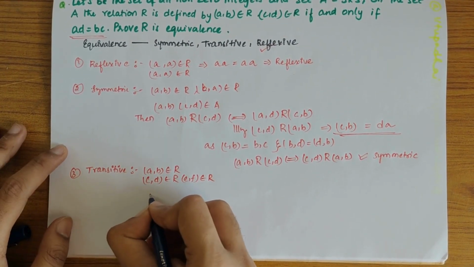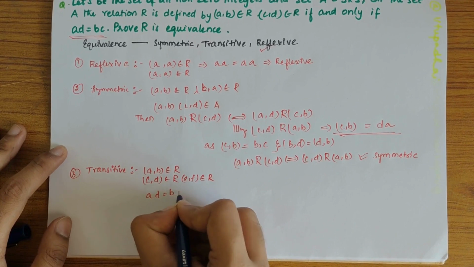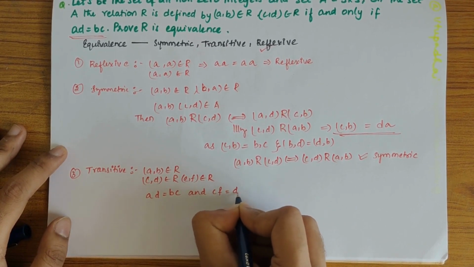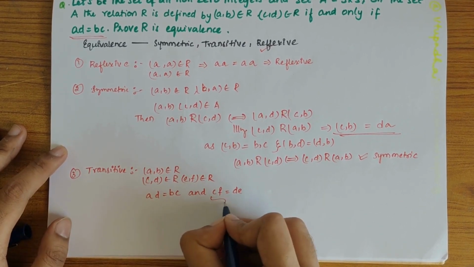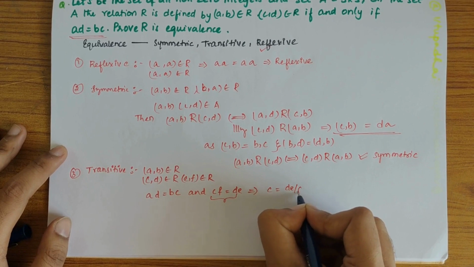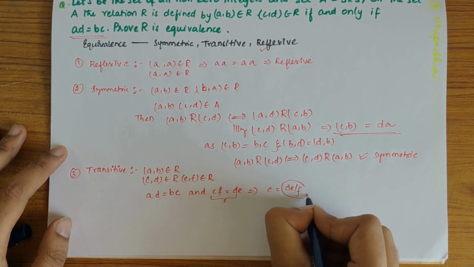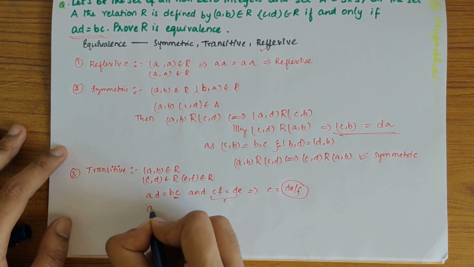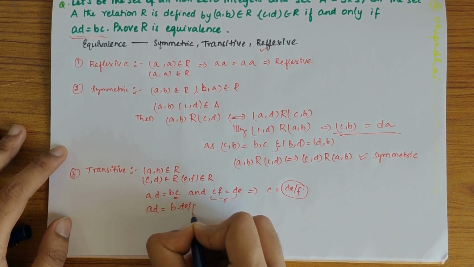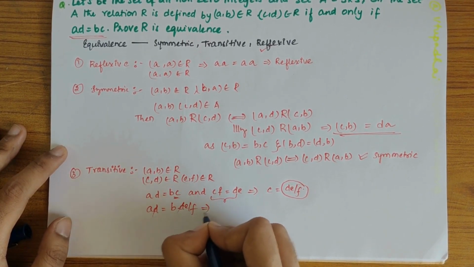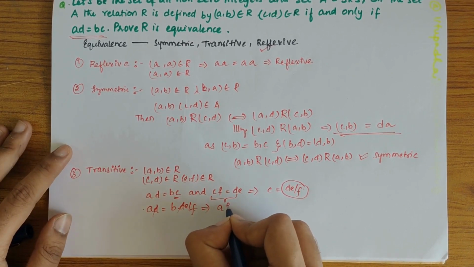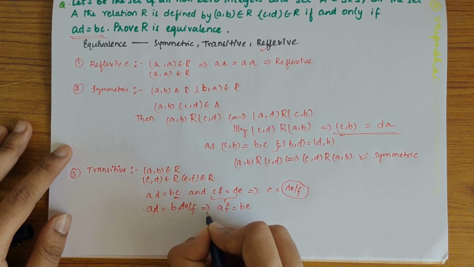Let's take AD is equal to BC and CF is equal to DE. So from this we can derive C is equal to DE by F. This C value, let's place it here. So it will be AD is equal to B into DE by F. Here D gets cancelled. This F, send it to the left hand side. So it will become AF is equal to BE.